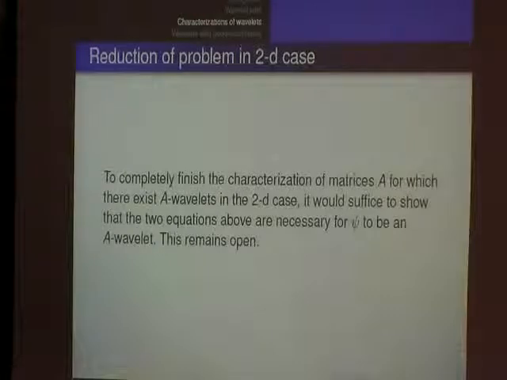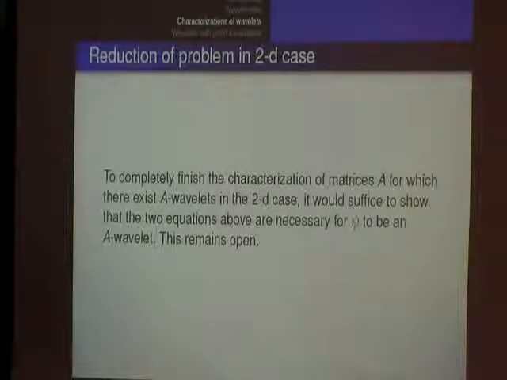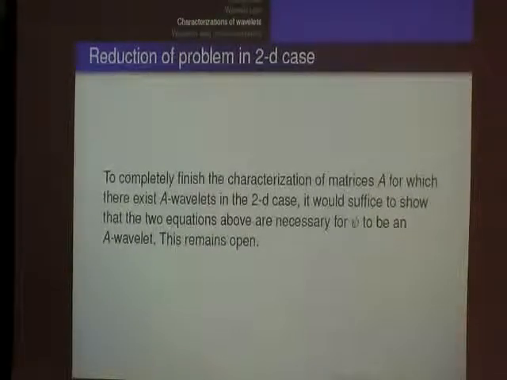And in fact, it's a little embarrassing that this problem is even open for the matrix I've been talking about all the time, the diagonal matrix with eigenvalues 2 and 3/4. It's open even for that matrix, which is embarrassing. But the reason that it's open is exactly because there are no nice sets that tile by dilations, really.